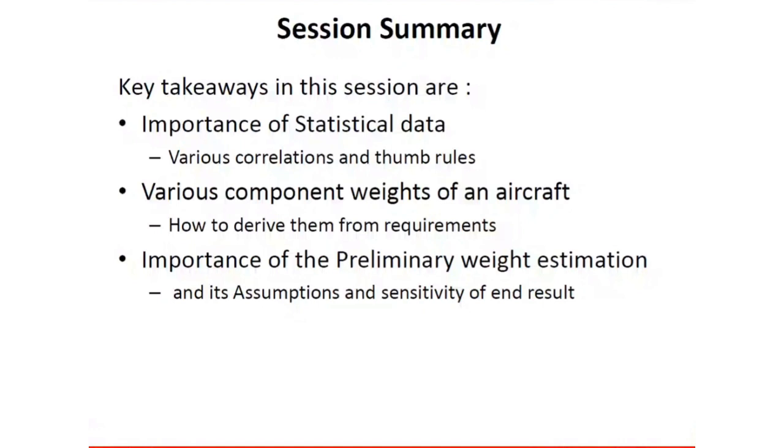Things will start changing. As your design progresses and you become more and more confident of the kind of engine you're going to use, the amount of fuel, the type of wing material, the type of landing gear, your weight estimation will become more and more accurate, your wing loading calculation will become more and more accurate, and your performance will become more and more realistic.